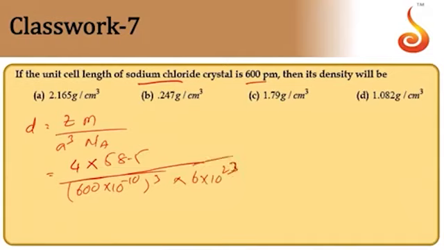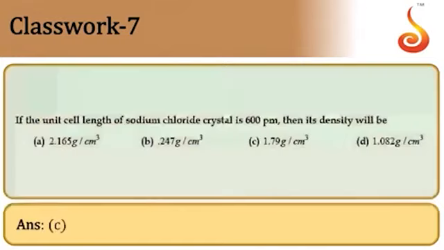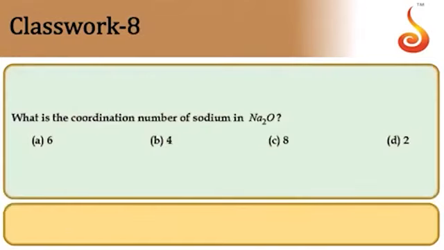On simplification finally you are going to get the value as 0.18 times 10 to the power of 1, which is equal to 1.8. So 1.8, you can take 1.79, close to that. So answer C. C is the answer. Next, what is the coordination number of sodium in Na2O?